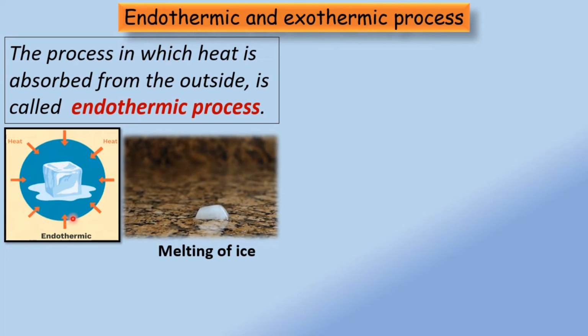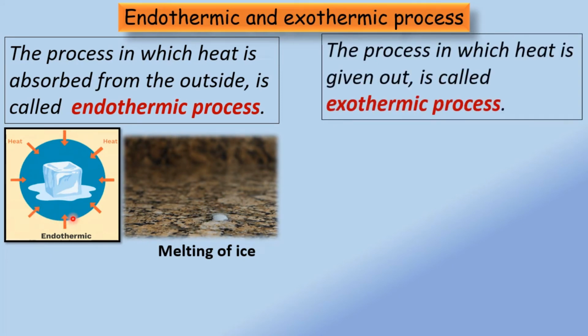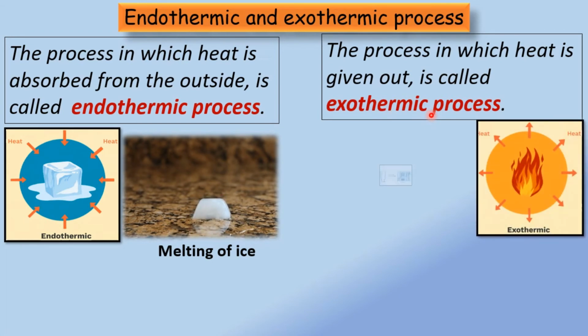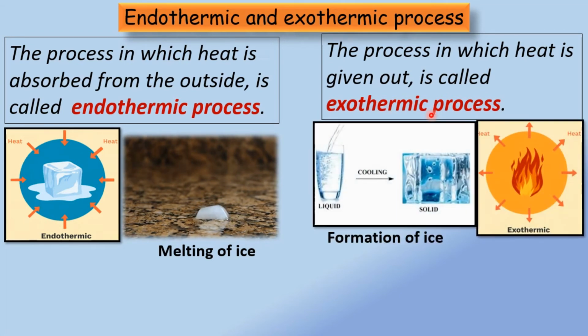On the other hand, the process in which heat is given out is called as exothermic process. For example, formation of ice from water. When the water is placed in the freezer, the water slowly loses heat to the surrounding cold air.